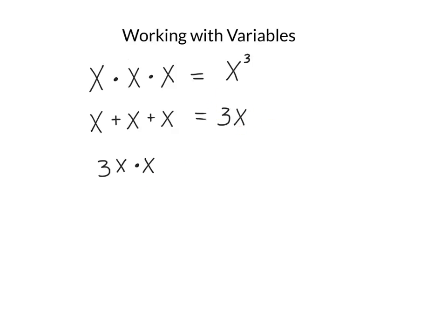So I'm going to do that. I will go ahead and highlight this 3x there, and that's the same as this 3x right here. And so we're going to just go in and replace it. So 3x is x plus x plus x.